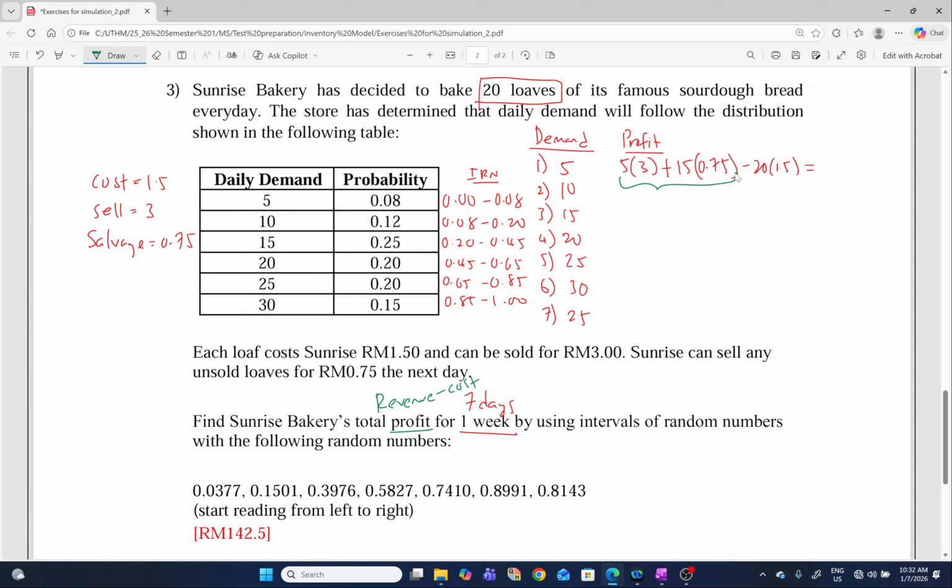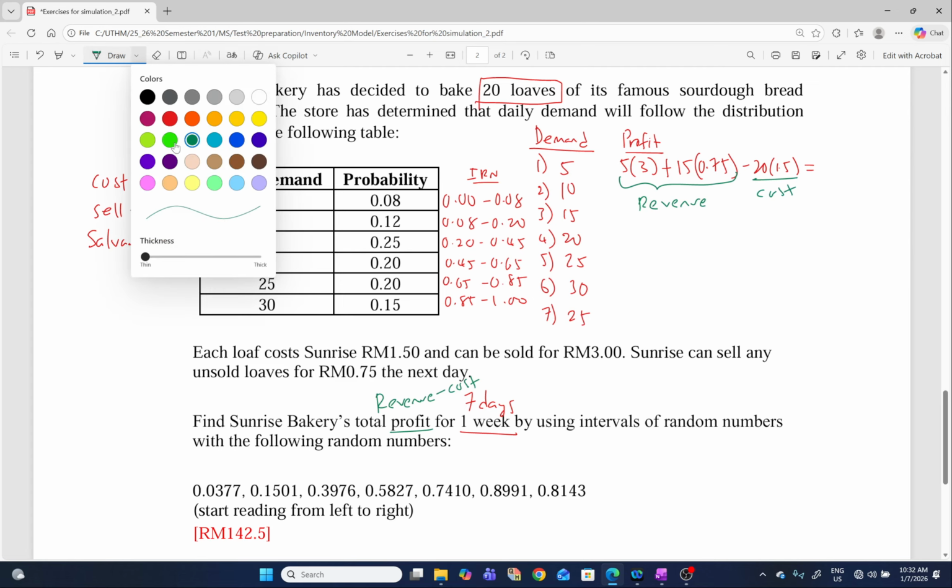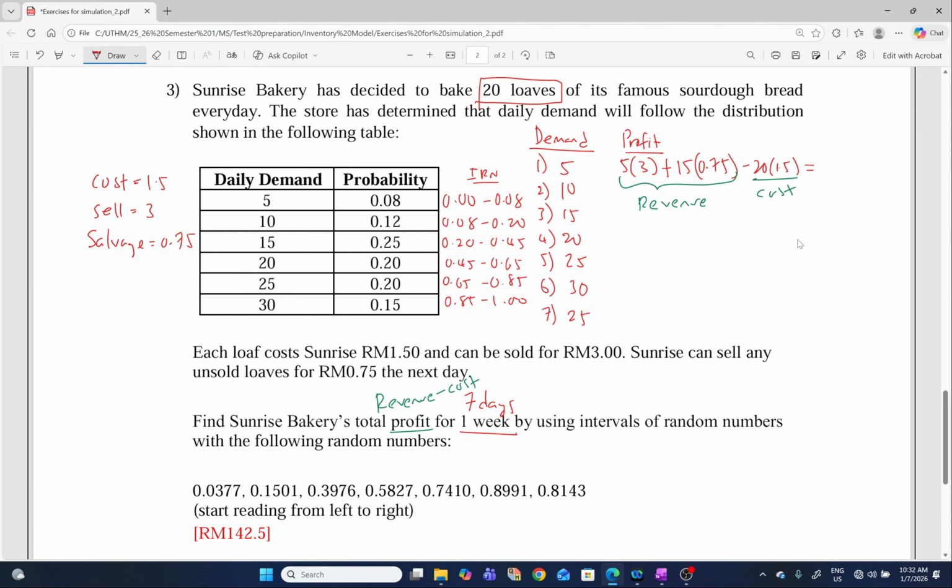So this is your revenue. This will be your cost. So kalau you press dalam calculator, berapa you dapat? You akan dapat negatif kan? Negatif 3.75. Dapat ke ni? Apa yang tak faham?